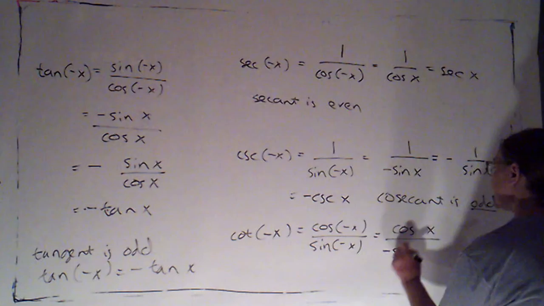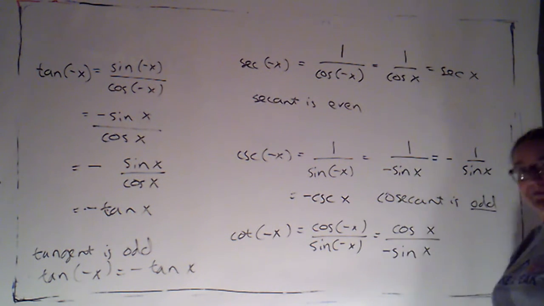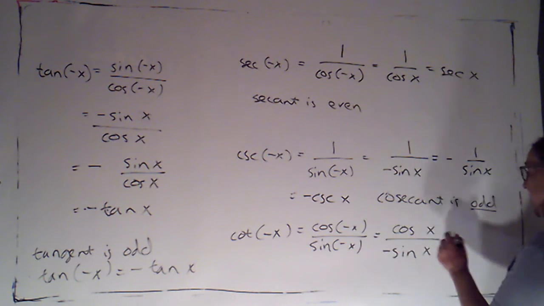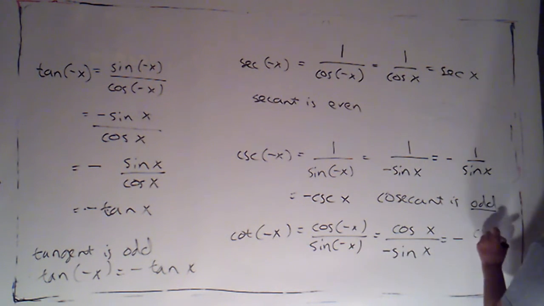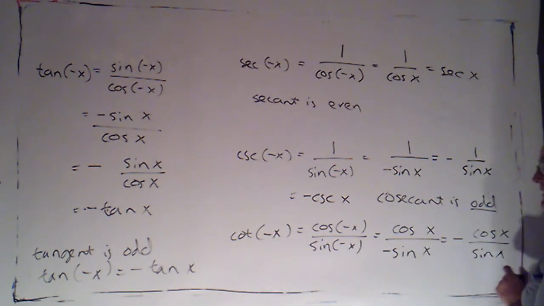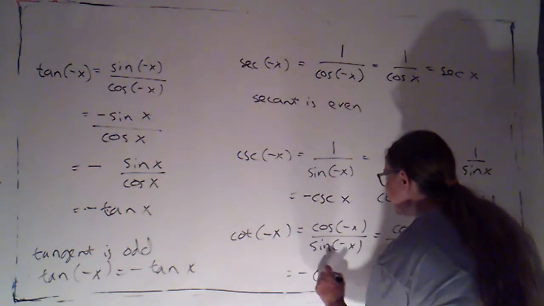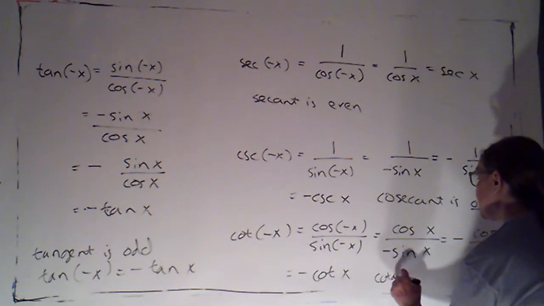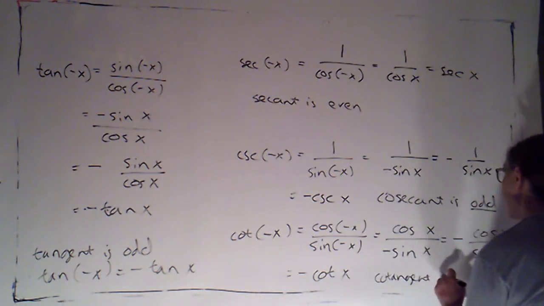Sine is odd, so sine of the opposite of x is the opposite of sine of x. Here again, the negative sign is associated with the bottom of the fraction, but I can pull that out in front and just say that's the opposite of cosine x over sine x. So that's the opposite of cotangent of x. So that tells me that cotangent is odd.